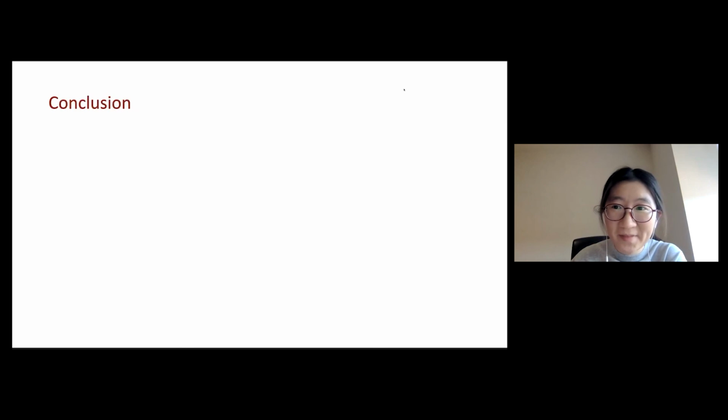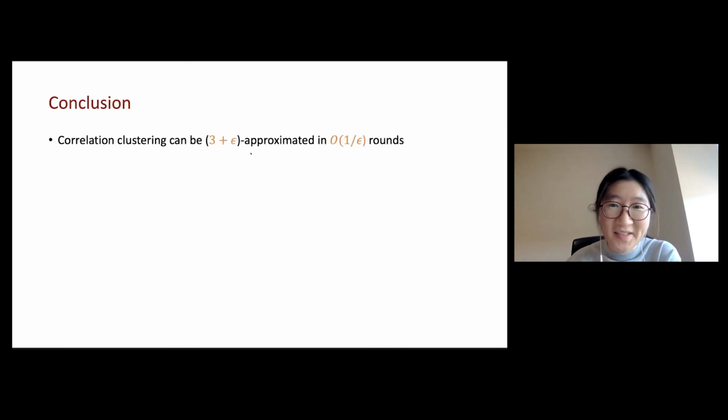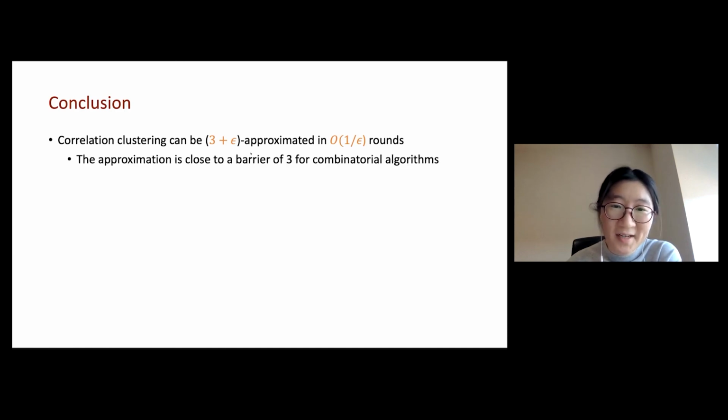So as a summary, in this talk I talked about our R-pivot algorithm, which is a 3+epsilon approximation and runs in O(1/epsilon) rounds.